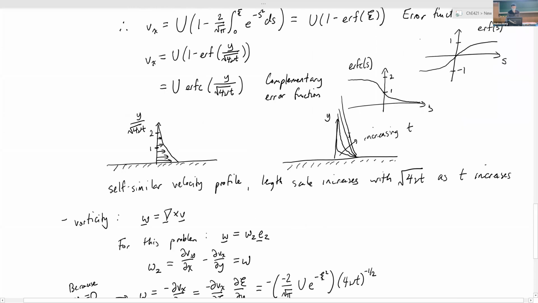If you think about it, here's our velocity profile that we drew earlier. In this velocity profile, initially, at very short times, all the velocity is concentrated at the very surface, at the initial surface right here. And the effect of this sudden jump in velocity starts to move gradually into the fluid, and so that's why you have the self-similar velocity profile.